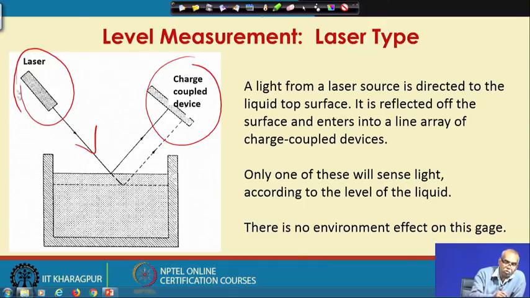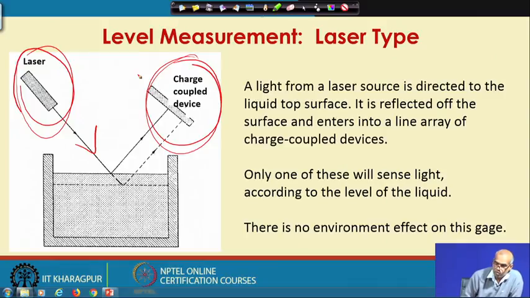So, you have a laser source, you have a charge coupled device which receives the reflected laser beam. Only one of these will sense light. So, there is a line array of charge coupled devices and only one of these will sense light according to the level of the liquid.